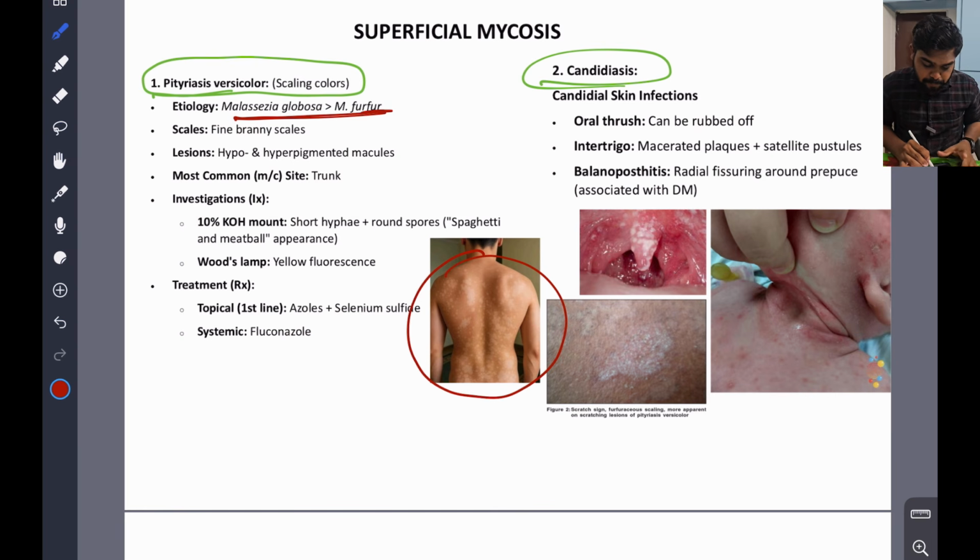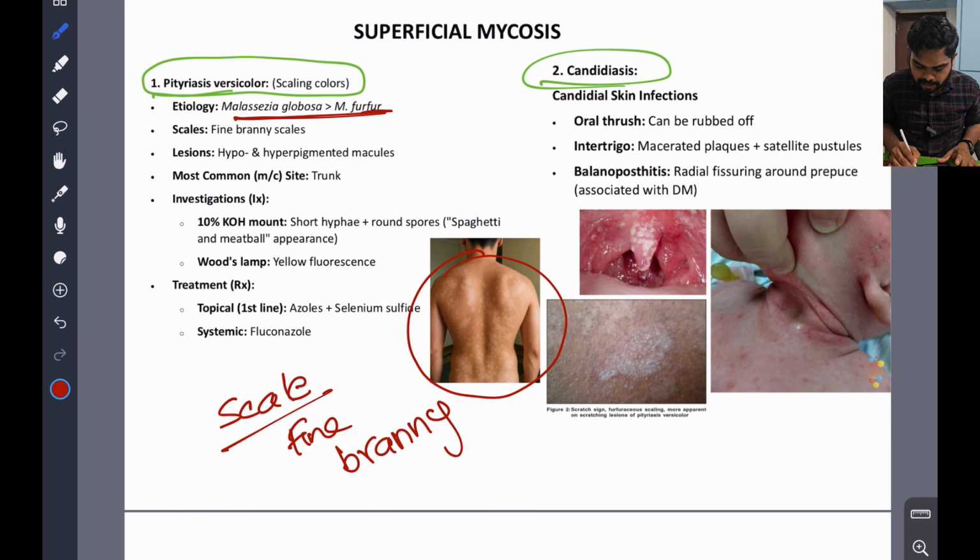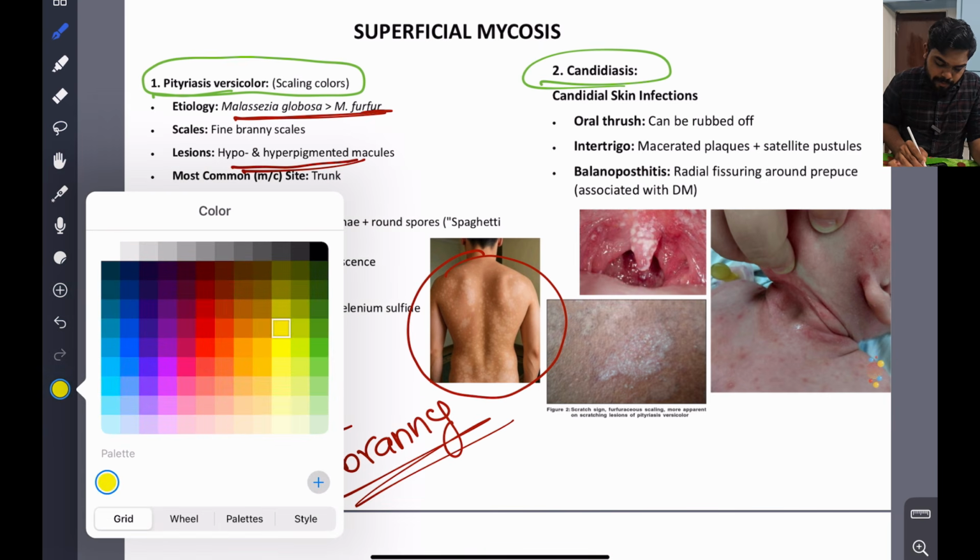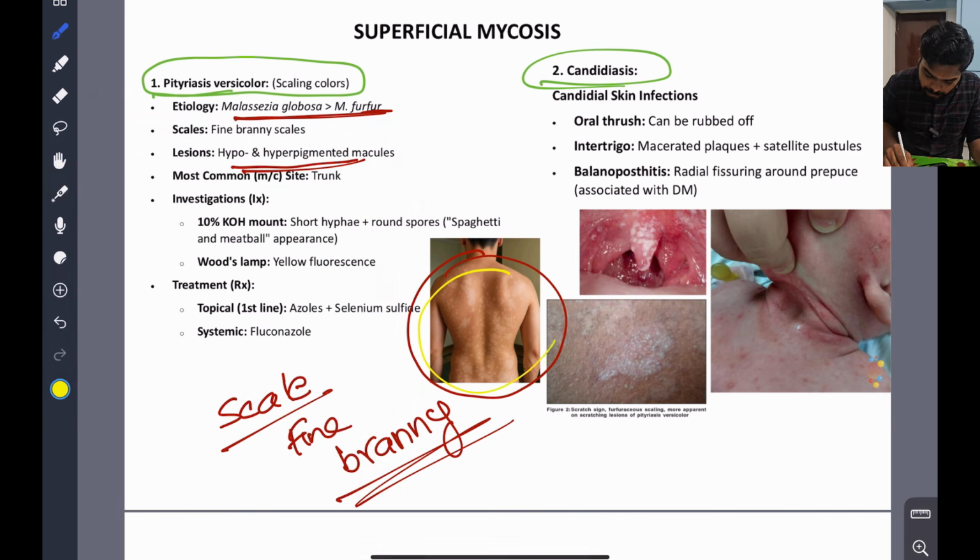They have a classical scale called the furfuraceous scale, the fine bran scale. If you have a term like fine bran scale in the question, it is nothing but Pityriasis versicolor. You can see the lesions have hypo and hyperpigmented macules, and scales are there. This scale is known as fine bran scales.